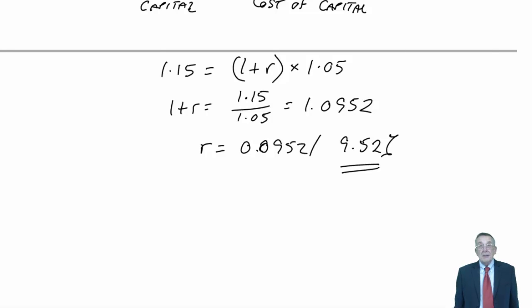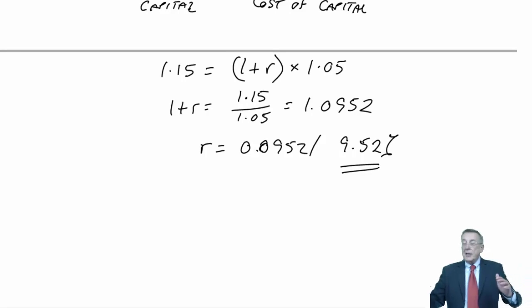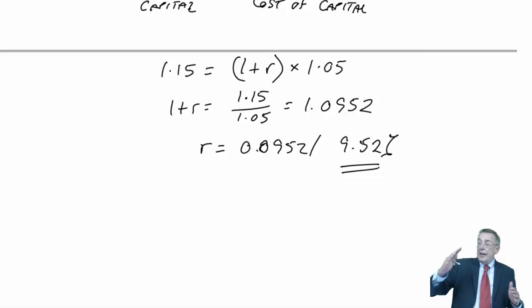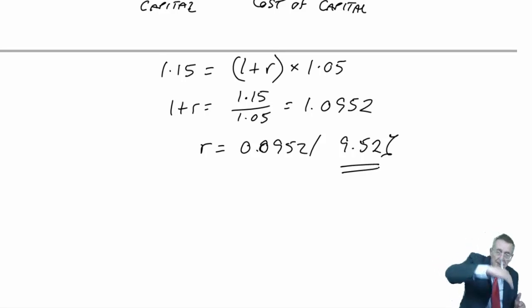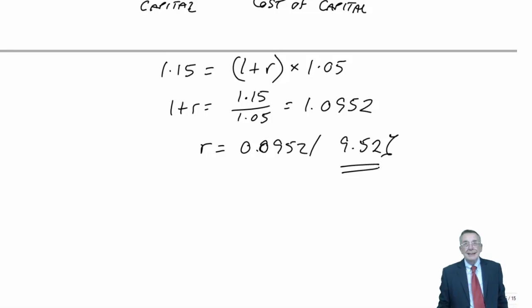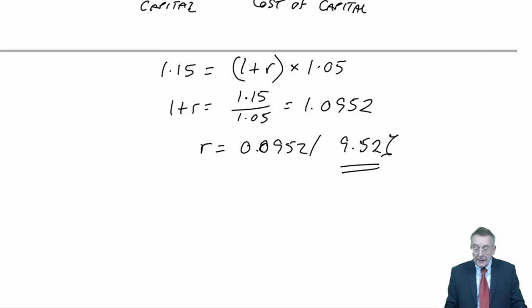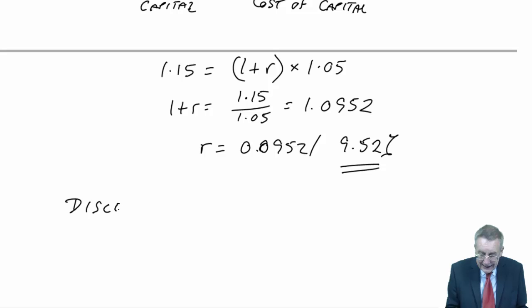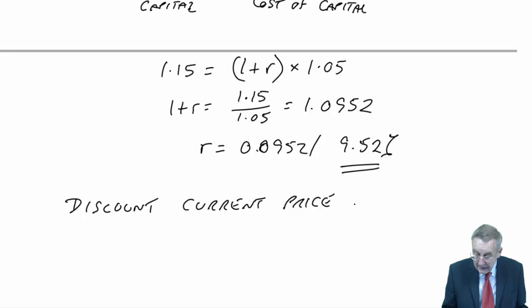And as I'm about to show you, instead of the effect rather of inflating those current price flows at 5%, discounting them at 15%, the net effect, we could achieve the same result by discounting the current price flows at this real or effective rate.